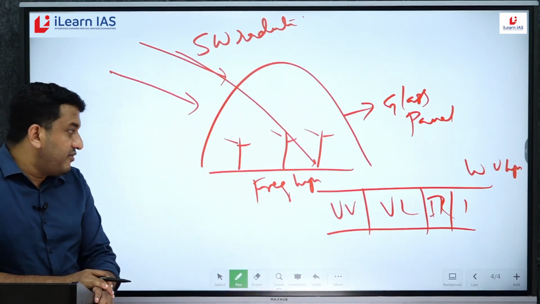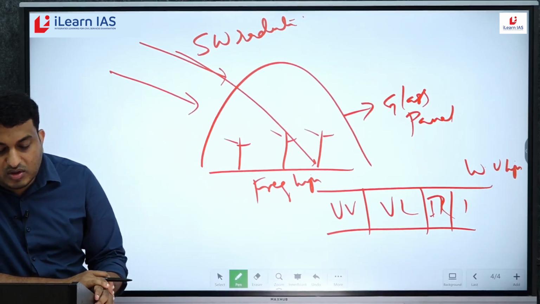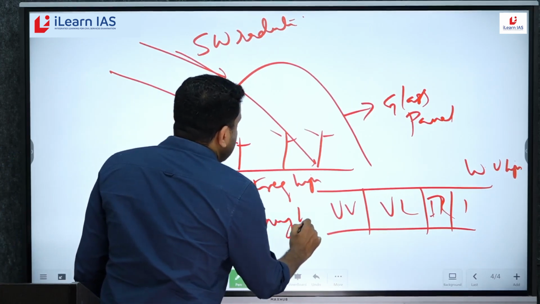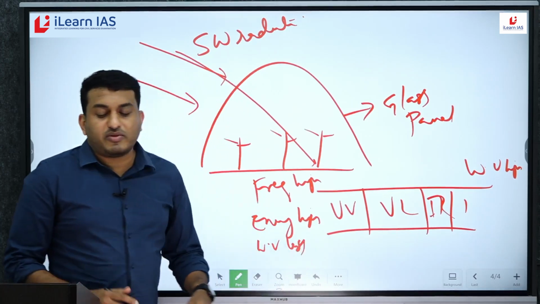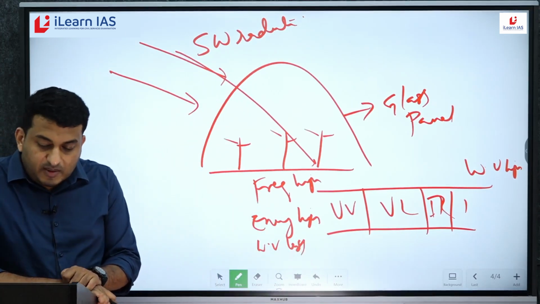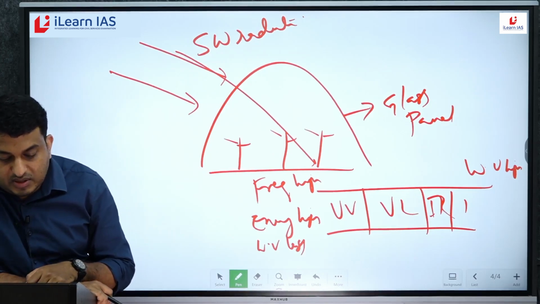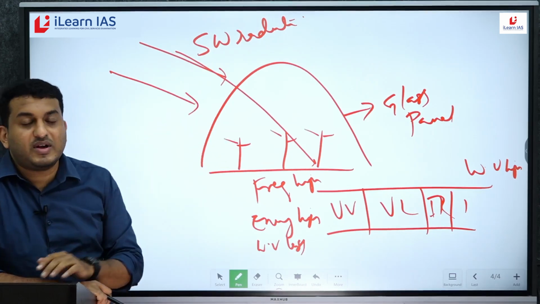So short wave radiations have high frequency, which means energy is high and wavelength is less. Short wave radiations have high energy, so they will pass through the glass panel. Then they touch the surface, and then they come back as what?